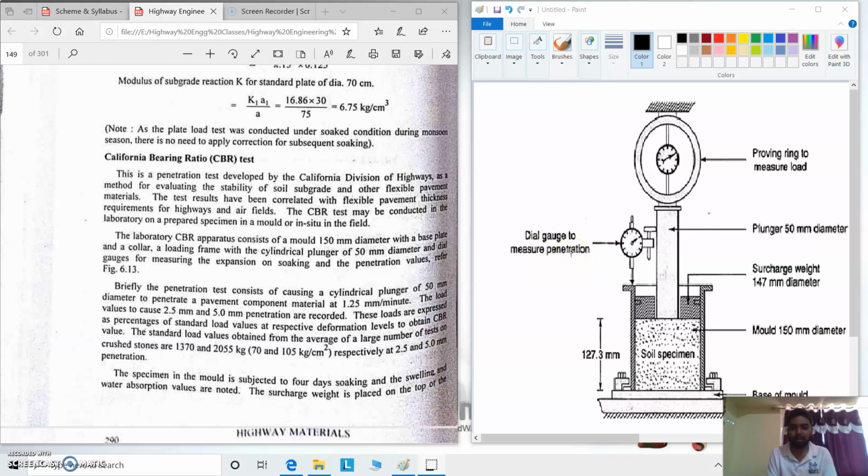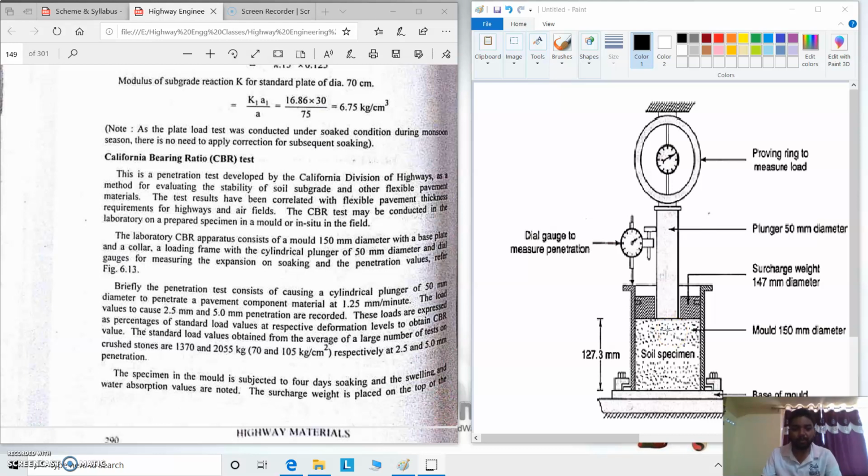Before going to the test, we should know how this test is conducted. This is nothing but a penetration test. In this penetration test, a 50 mm plunger penetrates into the soil specimen, at a rate of 1.25 mm per minute, and the loads are noted.